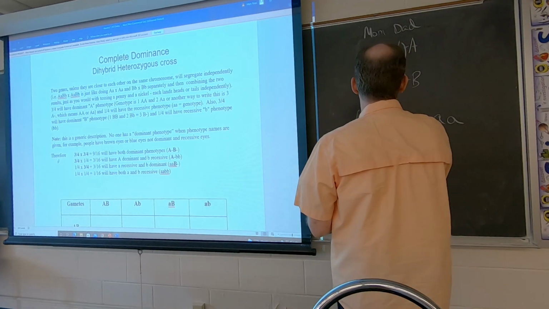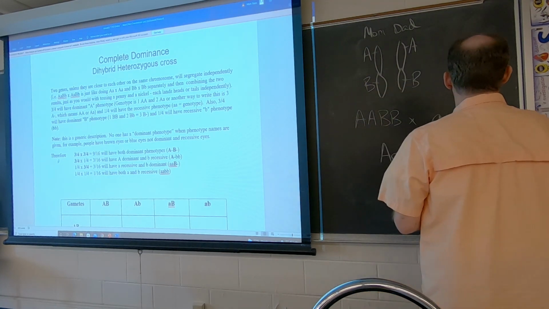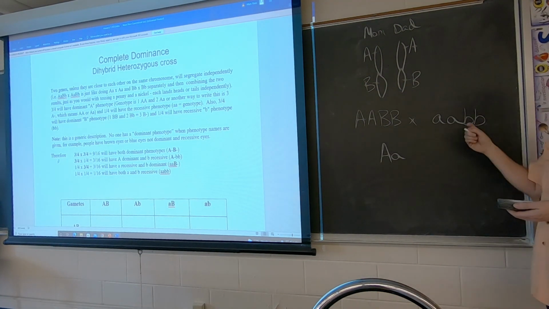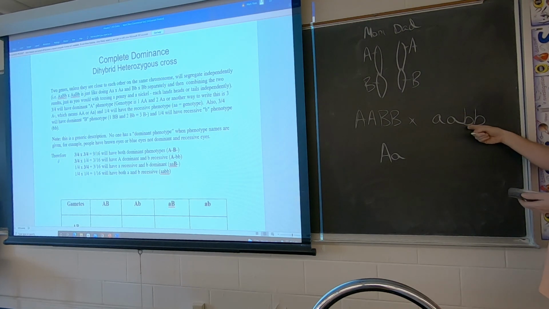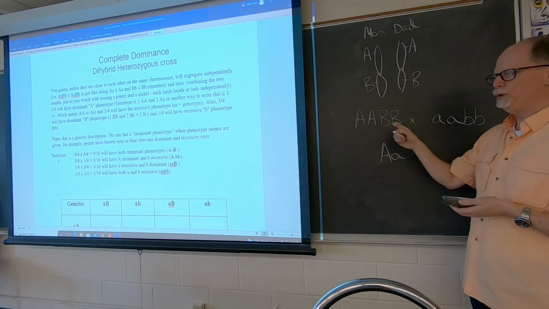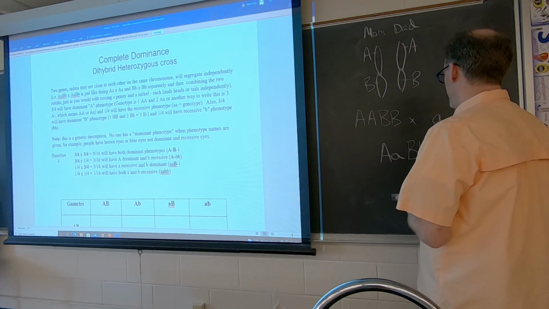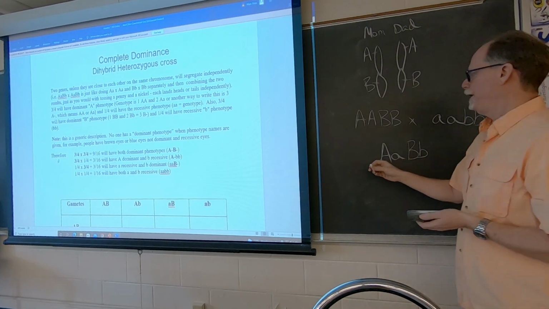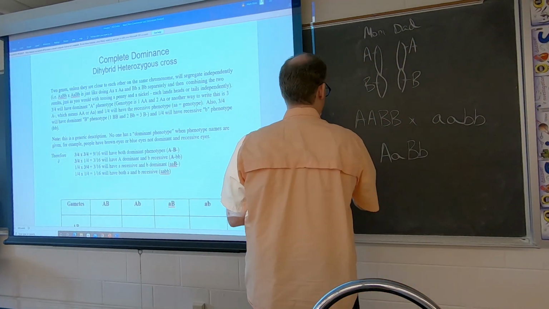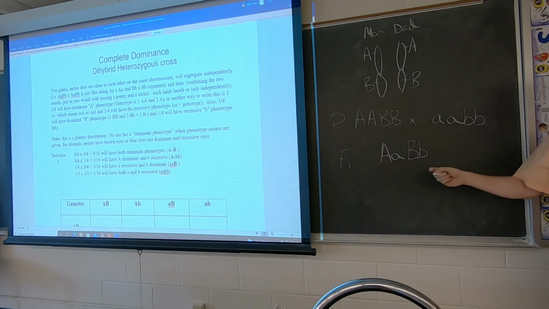Then if we add the B gene and use the little b and the big B, these are homozygous recessive and homozygous dominant. Then in the F1, this is what results, the heterozygous state.